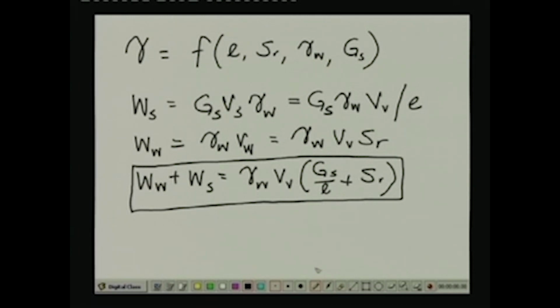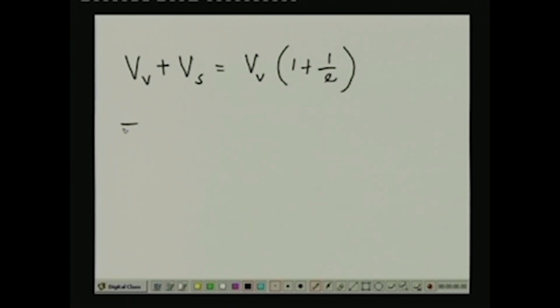Then we try to look at the volume of the 3 different phases. Here we have to find out what is the volume of voids and what is the volume of solids. That is going to be given by V_V multiplied by 1 plus 1 over the void ratio.